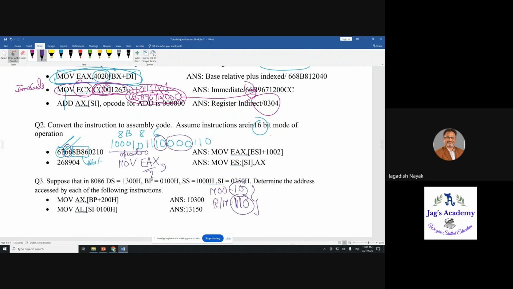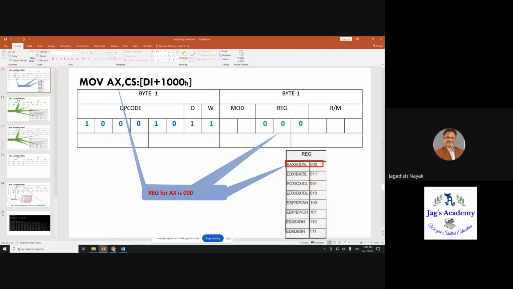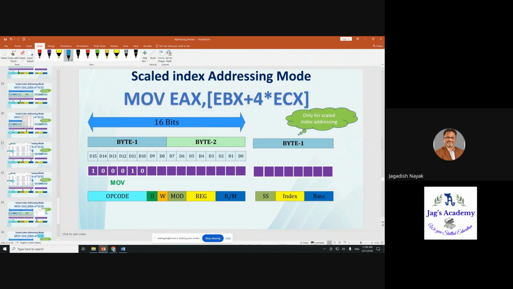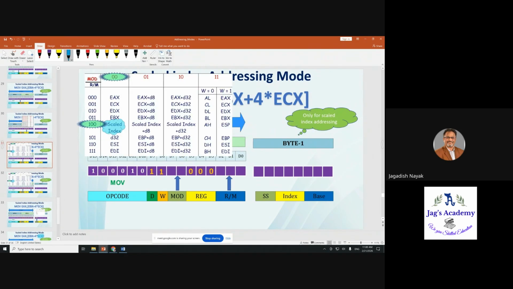Can you check the table? Sorry, next time I will give the table, okay? Don't worry. 32-bit table. Where is that mode 00? What is the mode? 10.